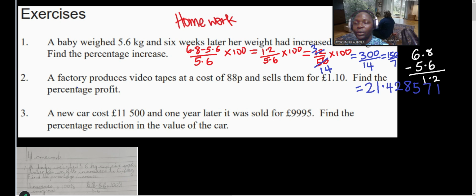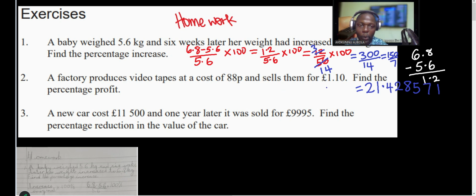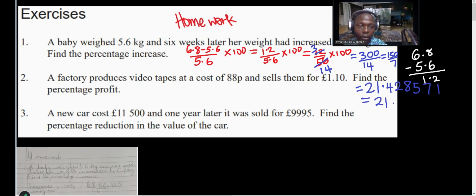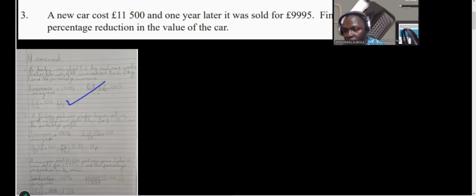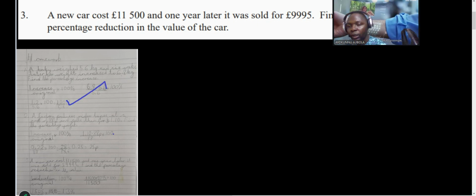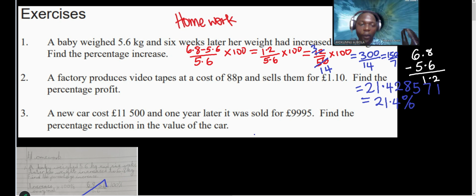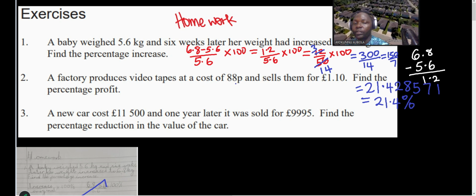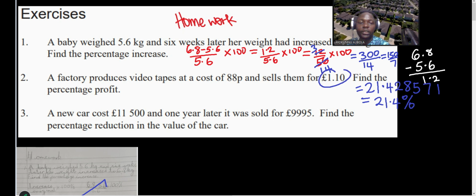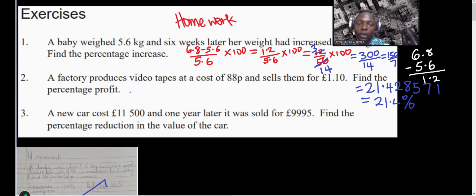So a factory produces videotapes at the cost of 88p and sells them at this amount. Percentage profit. It's a profit, right? So that is 110 minus 88p, okay? Over 88p because that's the cost. So what is 110 minus 88? 22.